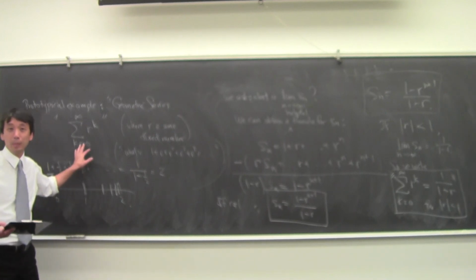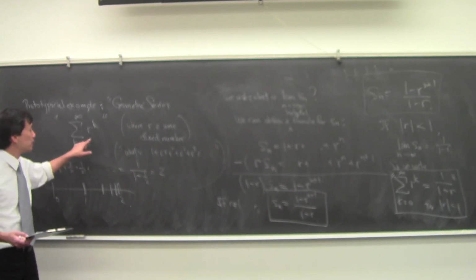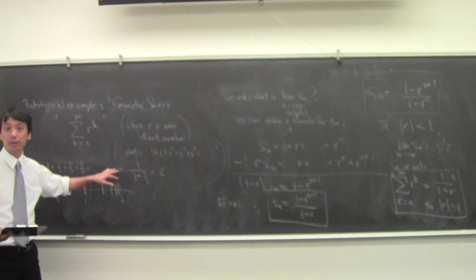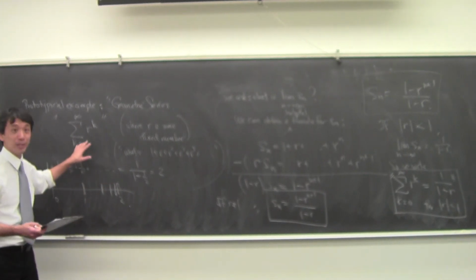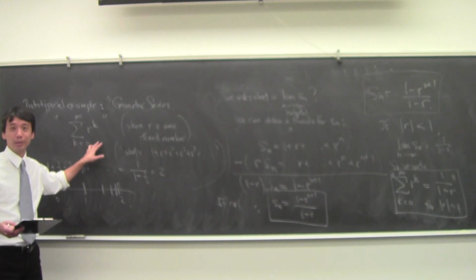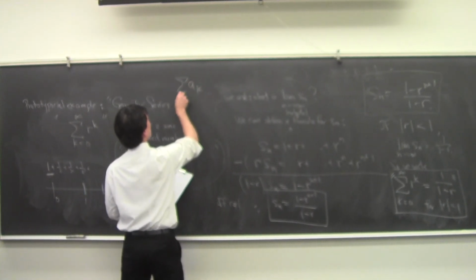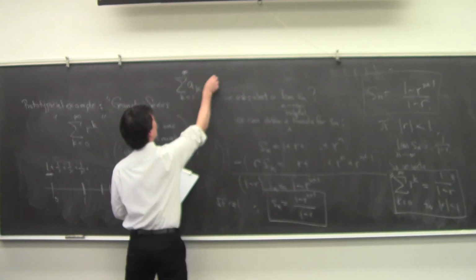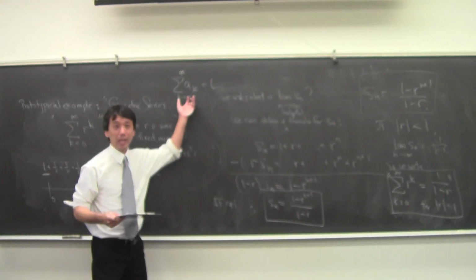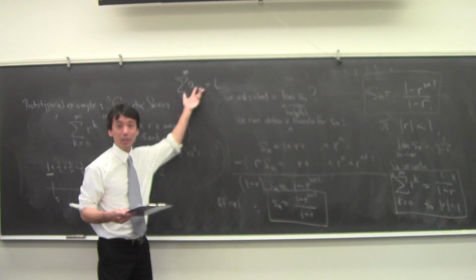Okay, so this is what we mean by an infinite series equaling a number. If we have some infinite series that equals some number, we don't really mean that you can somehow do infinite arithmetic and add all those things at the same time.